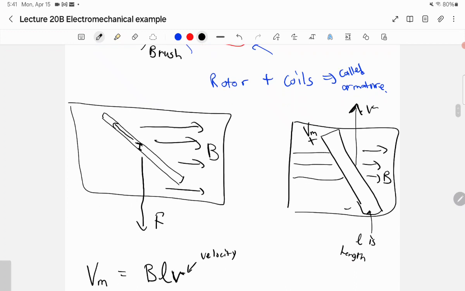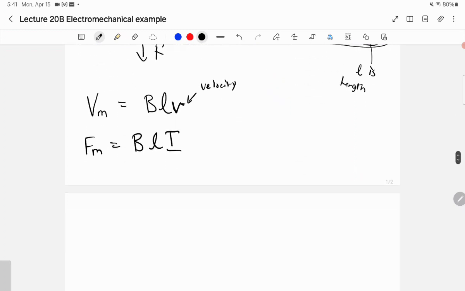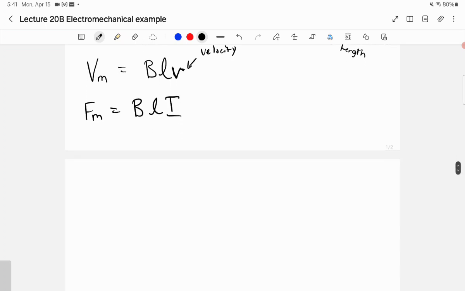In this case, it's the length of that piece, and B is the magnitude of the magnetic flux. Okay. And the force is also going to be related. This I is going to be the current. I'm using capital I here for current.